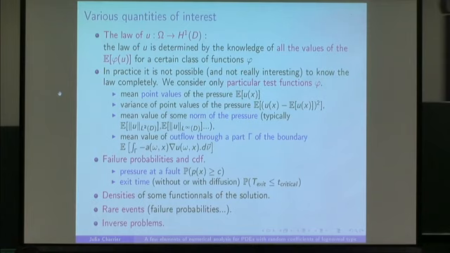So natural quantities of interest are the expected value of U, of the pressure. So it's a function of x. That's the mean value at each point. You also may want to compute the variance at each point. And other natural quantities of interest: you can want to compute the expected value of the maximum, or some mean value. You may want to compute the mean value of the outflow through a part of a boundary.